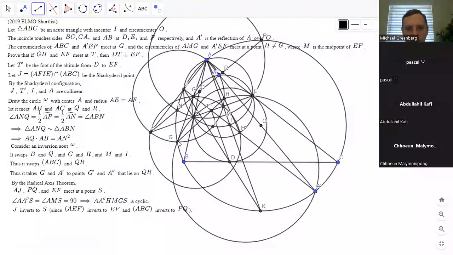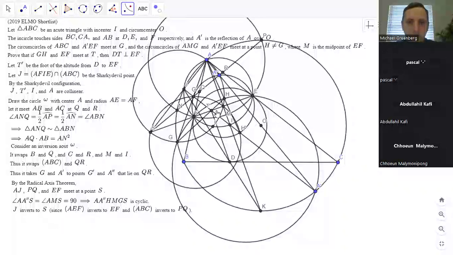So what does T invert to? No way, T doesn't invert to that. We want to invert T prime about this circle. We want to show T prime inverts to L, because then A, T prime, and L are collinear. And I think that might actually solve it.